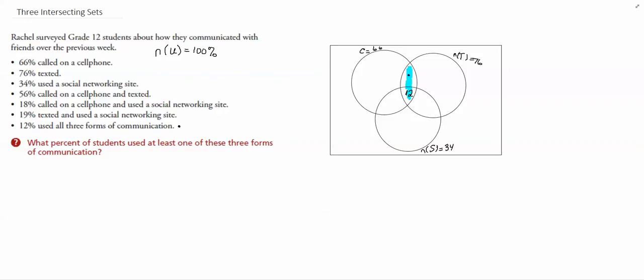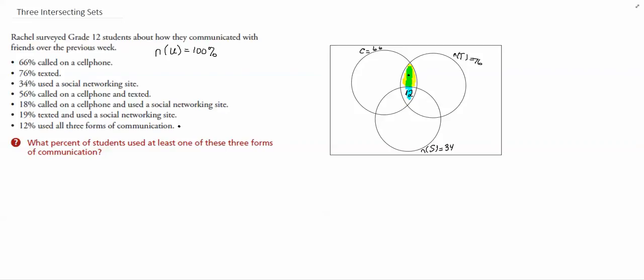But we have to subtract out the 12% to determine what's just in this portion where I've put the yellow. So 56 minus 12 gives us 44.